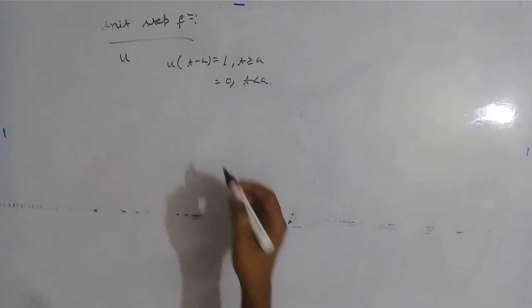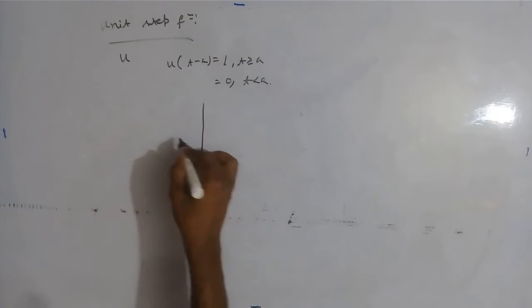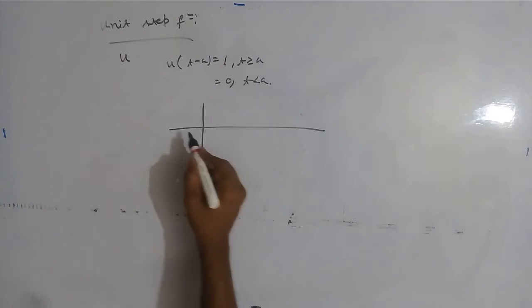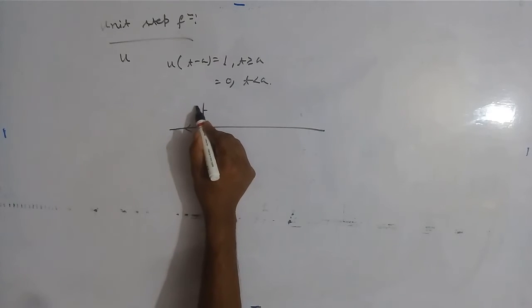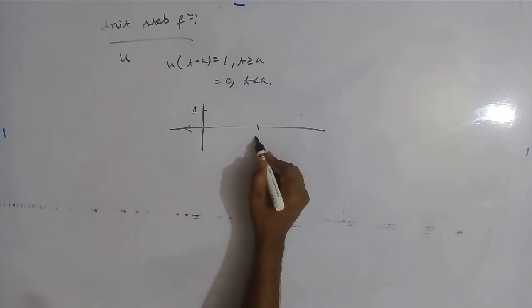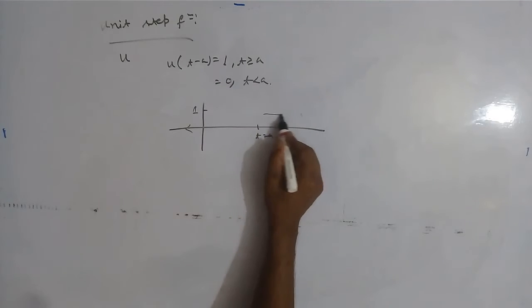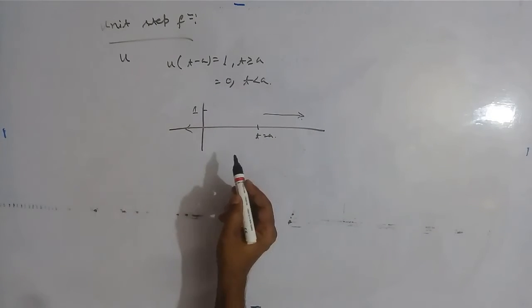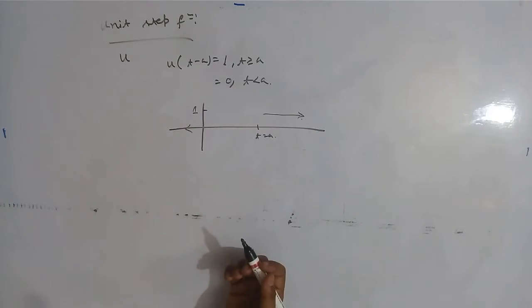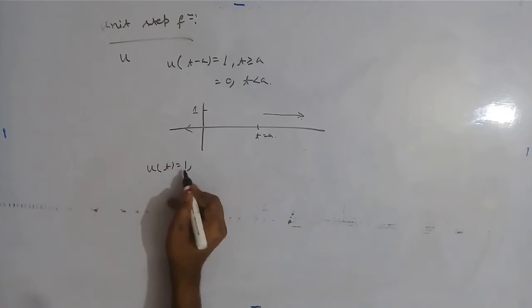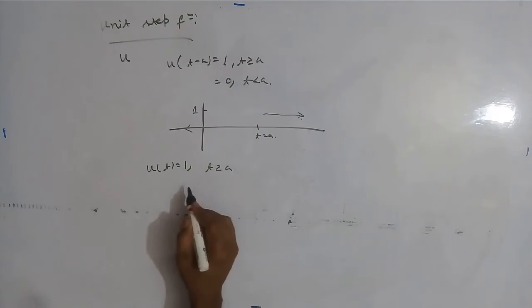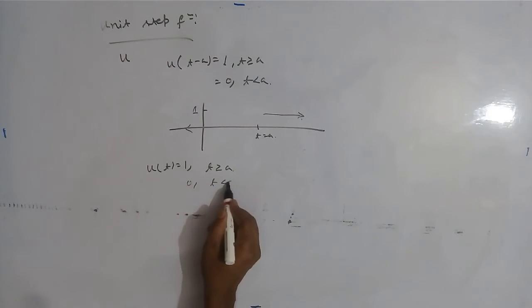So its graph is like this. This is 1, this is t equal to a. So this is the graph of a unit step function. The unit step function may also be defined as u of t equal to 1 if t greater than or equal to a, 0 if t less than a.